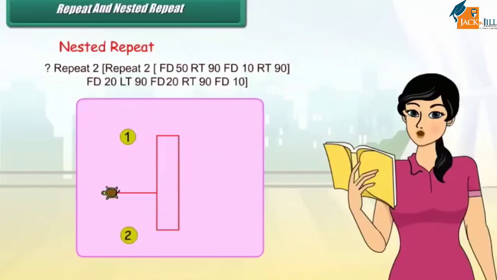Close the first square bracket. Then continue with FD 20, LT 90, FD 20, RT 90, FD 10. Close the second square bracket and press enter.